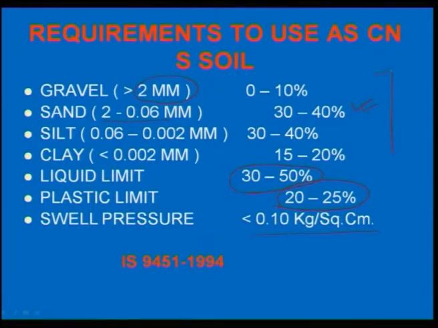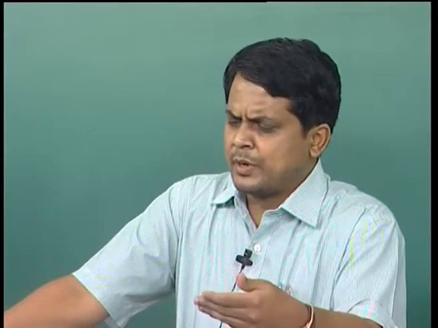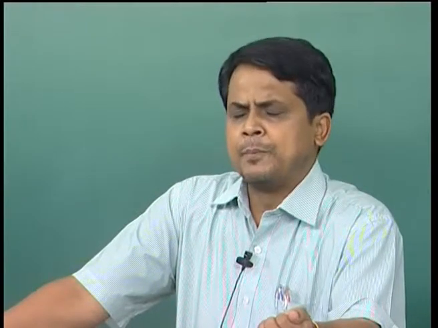These criteria are best for CNS soil, cohesive non-swelling soils to be used in irrigation projects. For example, in a canal: generally in village areas, long canals are constructed through which water is allowed to flow, so that people can utilize the water for land purposes. Over a period of time, the soil we get is a kind of cohesive soil.